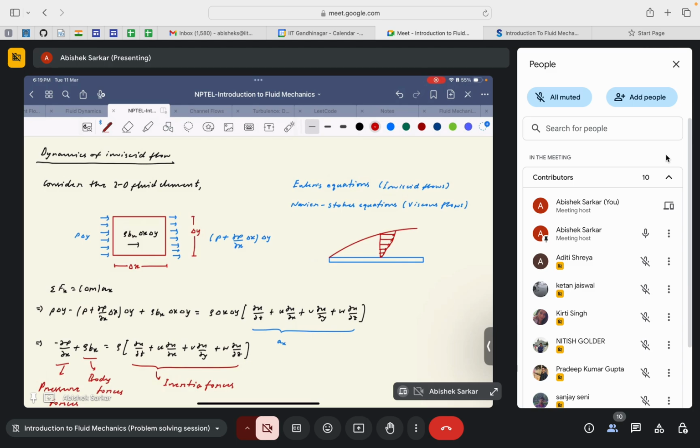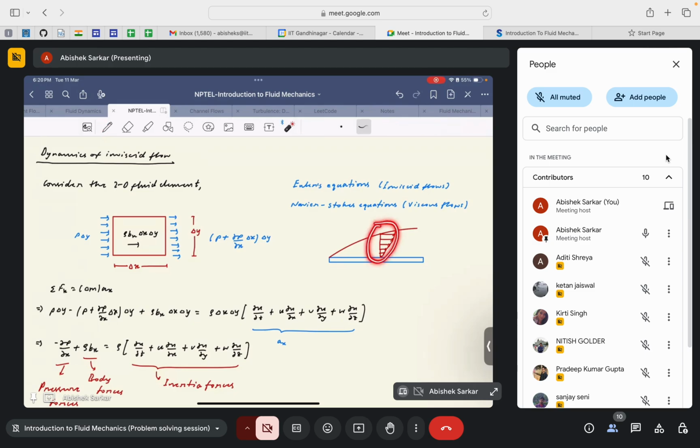This boundary layer is generated because of the viscous nature of the fluid. Because of the no-slip boundary condition, the fluid touching the upper surface of this plate will stick to the surface, and consequently will try to slow down the upper layers of fluid motion, and then generate this velocity profile.